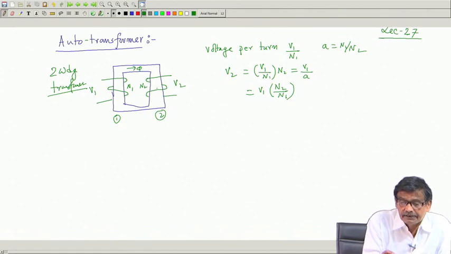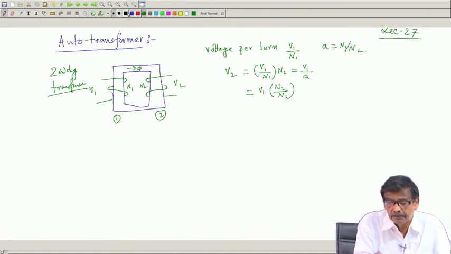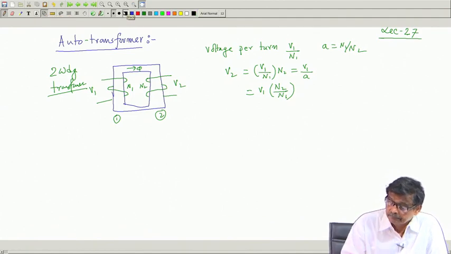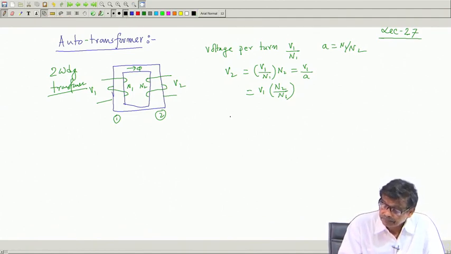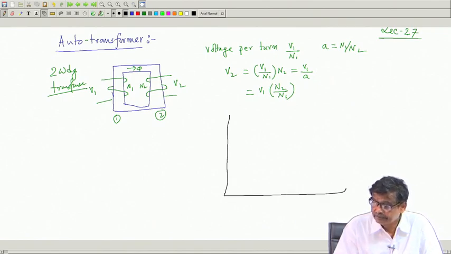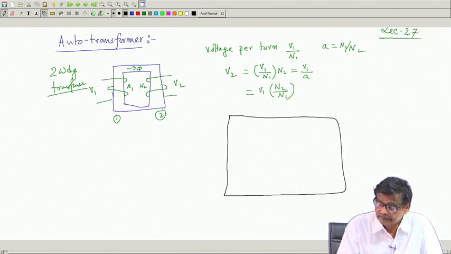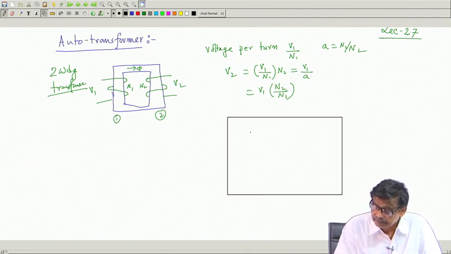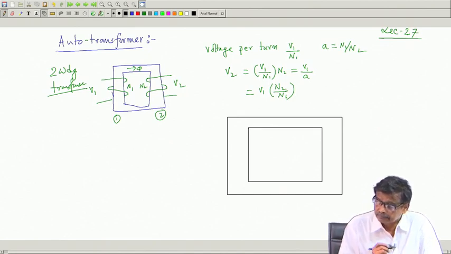The idea is like this. For example, you say that the core is like this, and you use single number of turns.